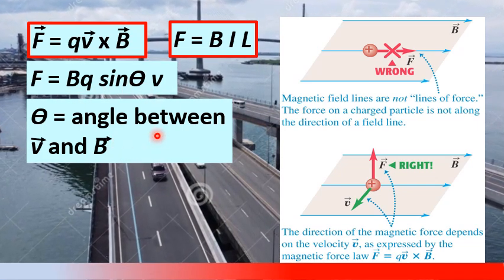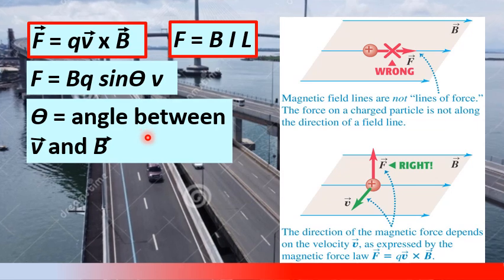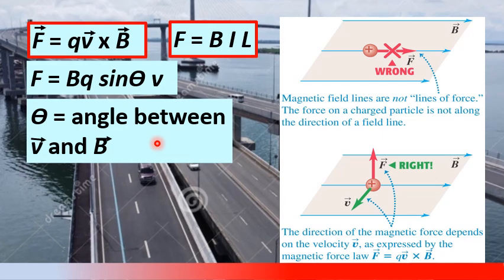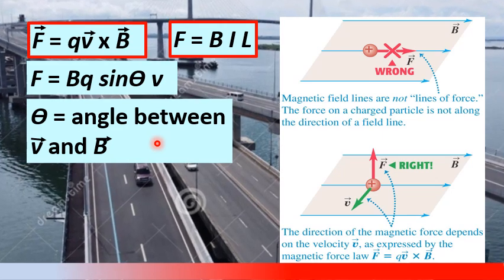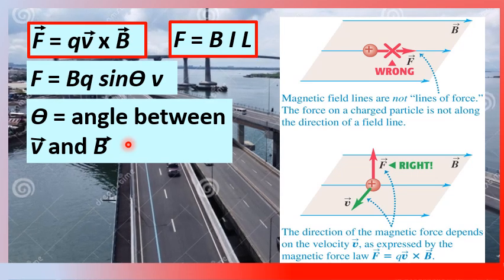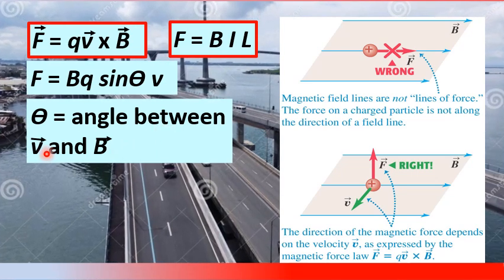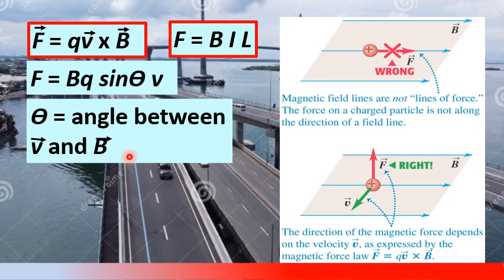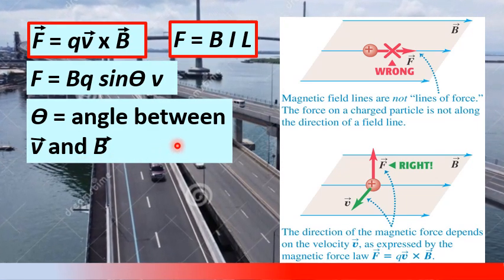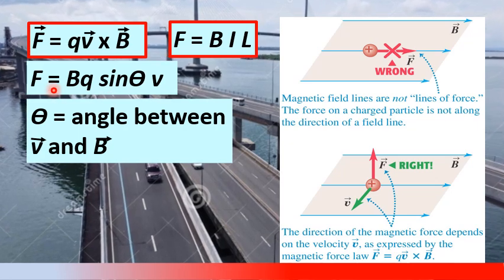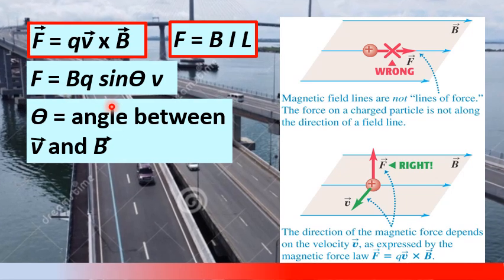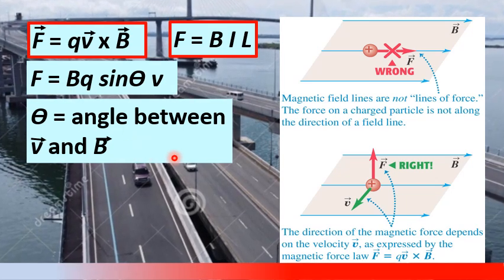And if the angle theta is equal to 0 degrees or 180 degrees, that is, when the velocity vector and the magnetic field vector are parallel or anti-parallel, then the value of the force F will be equal to 0.